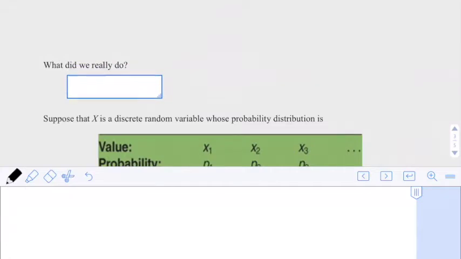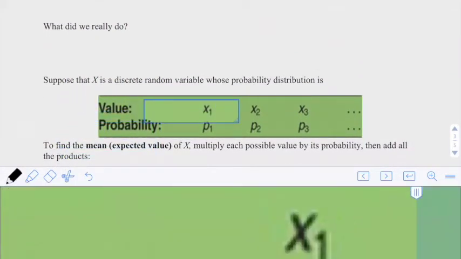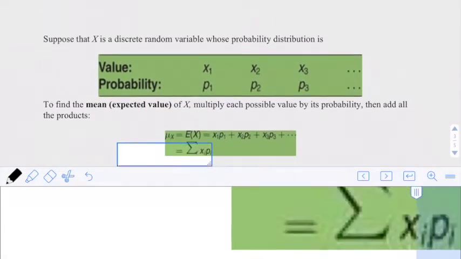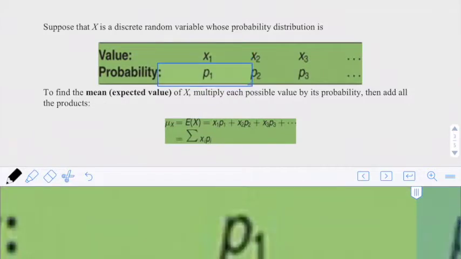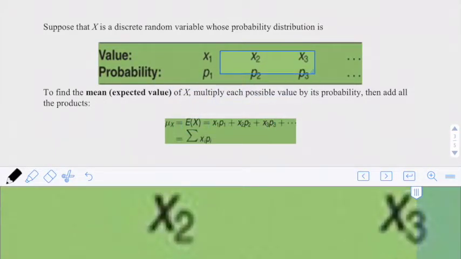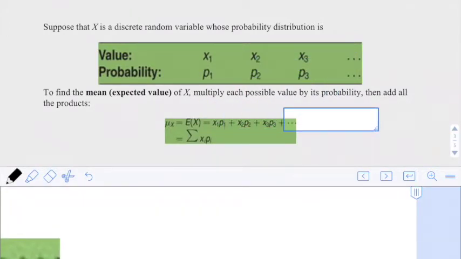So what we really did is we just multiplied the value times the probability. We're multiplying the value x1 times the probability, because that's how often it'll occur, plus x2 times the probability, x3 times the probability, until we run out.